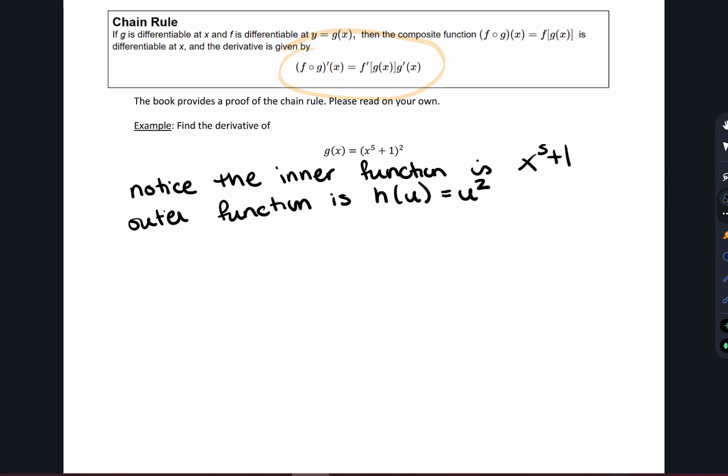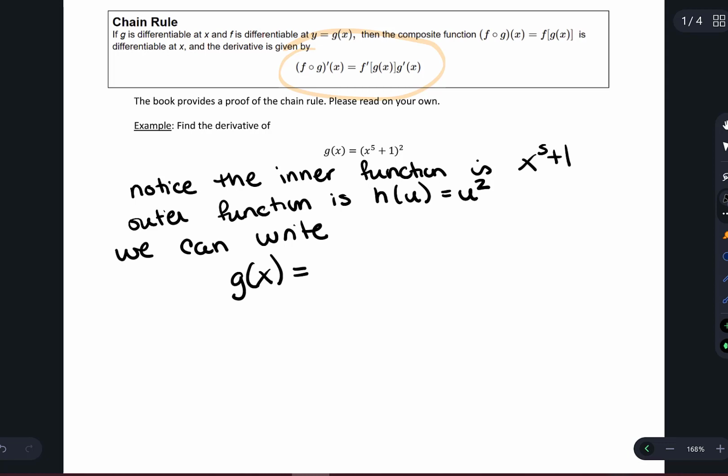For this reason, we can write that g of x is equal to a composition of two functions, the x to the fifth plus 1 and the h of u equals u squared.